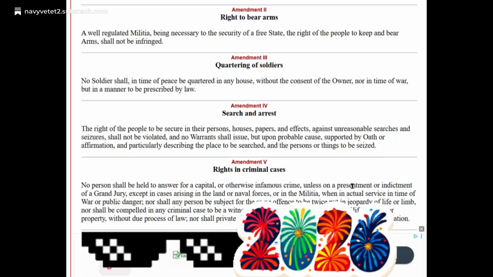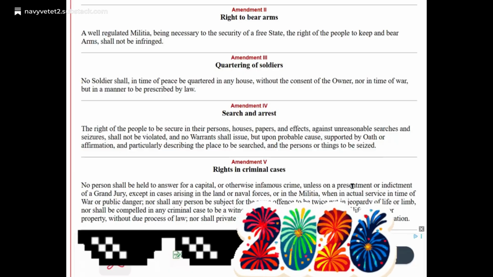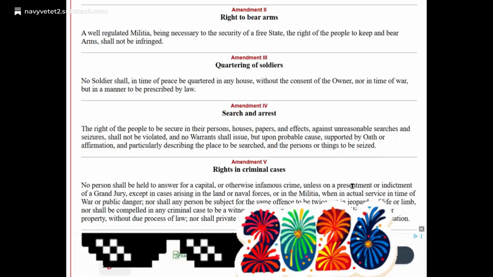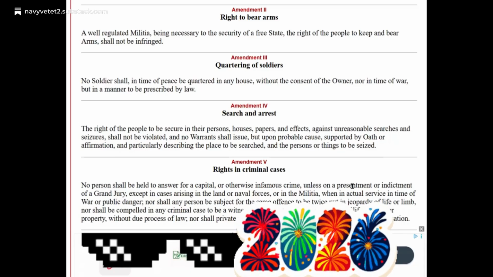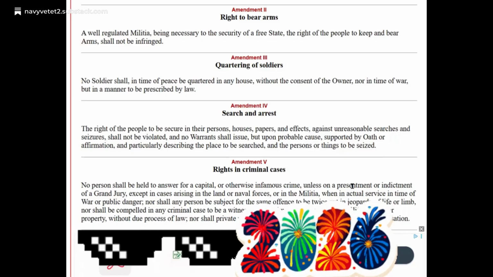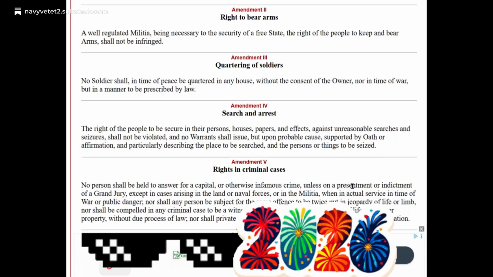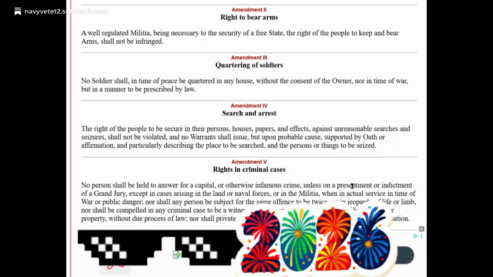The most recent ruling of the Supreme Court, District of Columbia v. Heller, 2008, suggests that the Second Amendment does guarantee an individual as well as a collective right to bear arms.